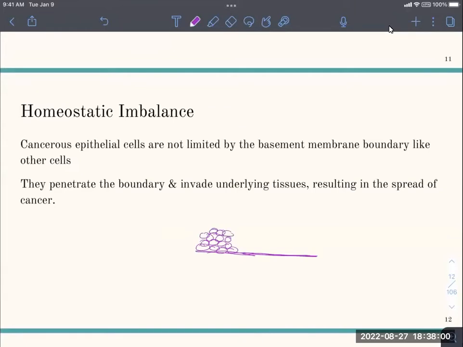But cancer cells can easily get down underneath this basement membrane and spread wherever they would like to go. So this is a way skin cancer can spread in our skin, and it's also how cancer spreads in other areas of the body as well.